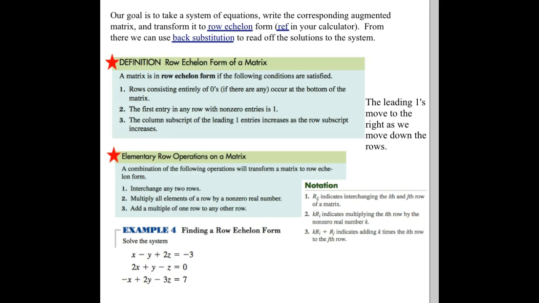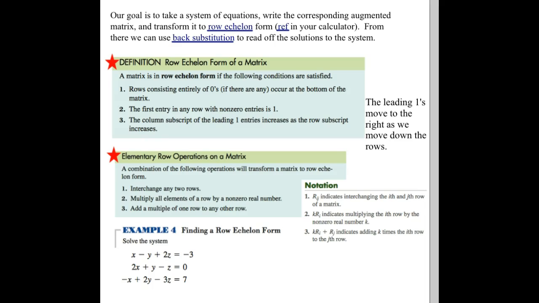Okay, so couple definitions. Row echelon form. If you have a row that's all zeros, you want to move it to the bottom. The first entry in any row that doesn't just have zeros has to be a 1. So that leading coefficient has to be a 1.